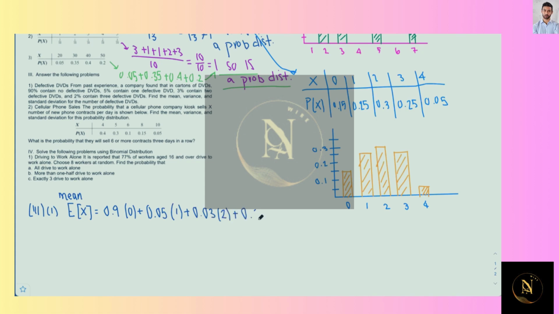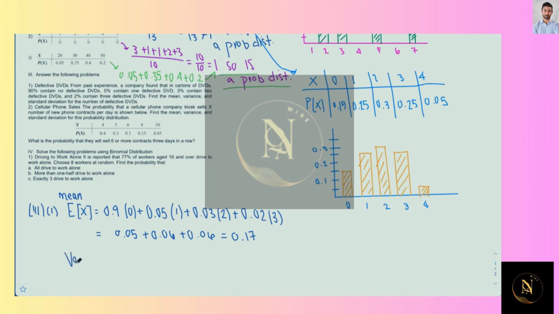Then 0.02 times 3 defective. That's going to be 0.05, because this is 0, so 0.05 plus 0.06 plus another 0.06 is 0.17. Okay, so the mean is 0.17, so we don't really expect to find the defects.